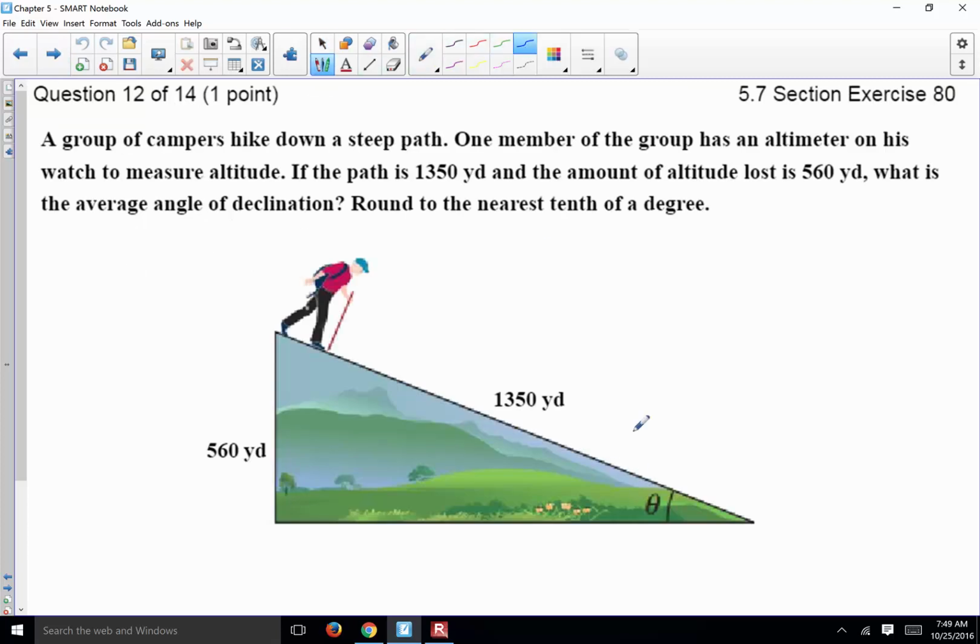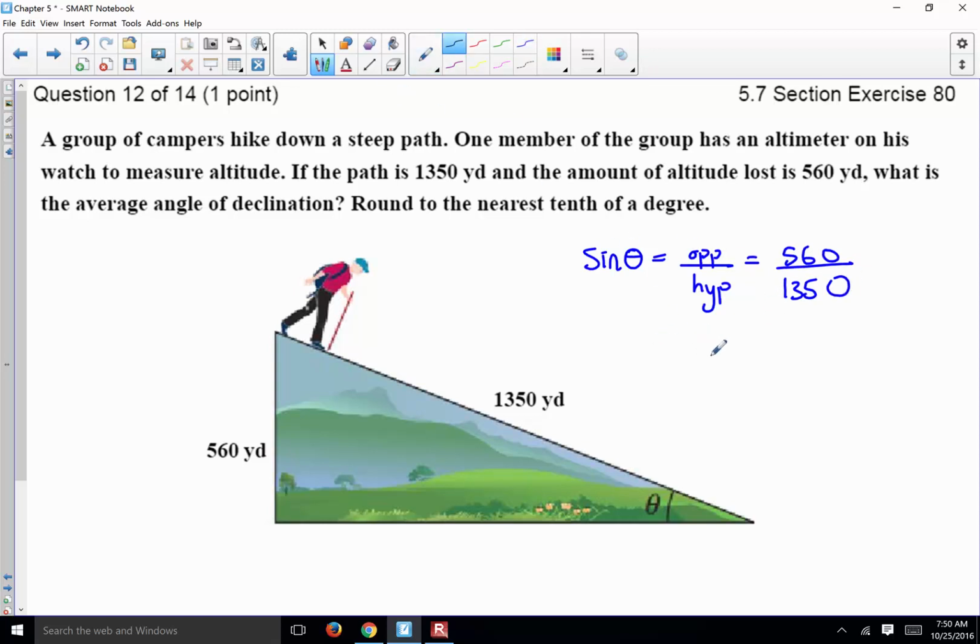So to find theta, we need to relate theta to 560 and 1,350. That's sine, which is opposite over hypotenuse. The opposite is 560 and the hypotenuse is 1,350.